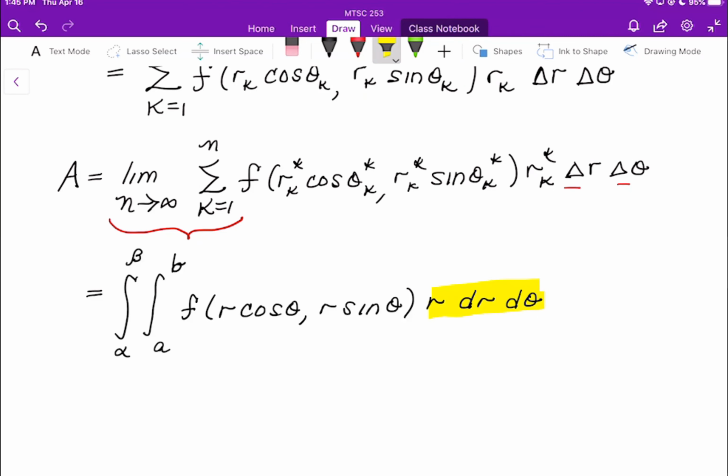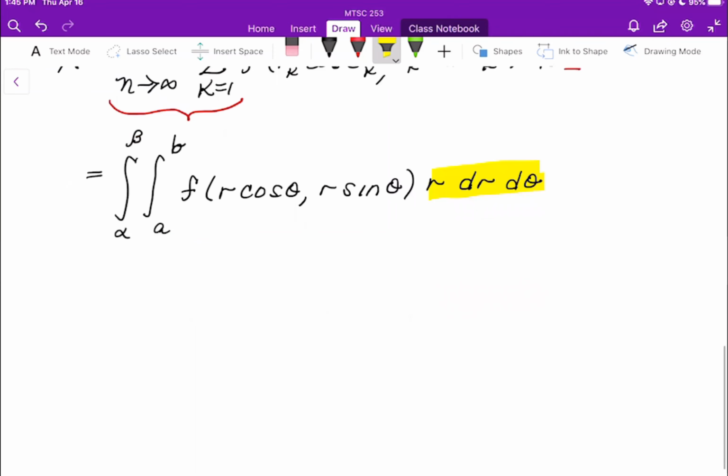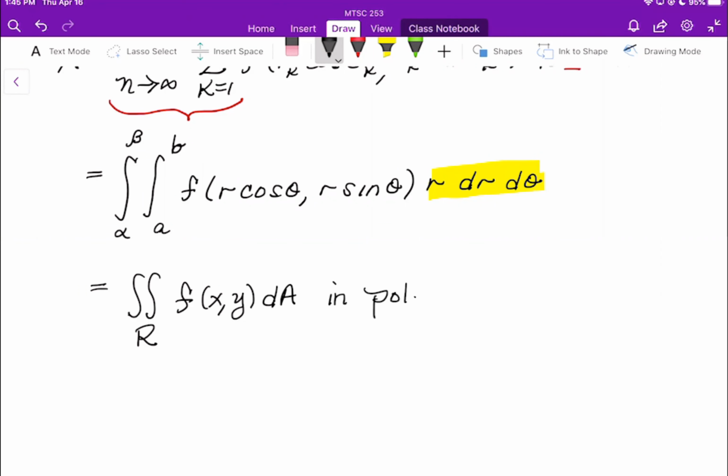Just to make sure you know that this matches our old notation, this is just a double integral over R of f of x y dA in polar coordinates.